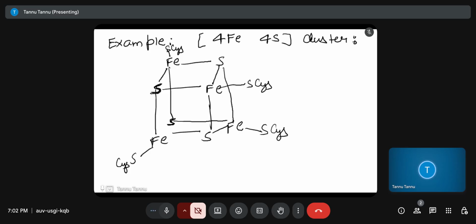This is your 4Fe 4S cluster, which has two possibilities.